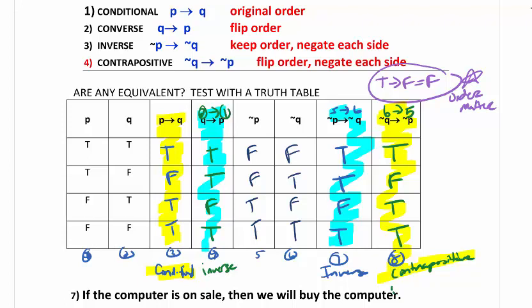I apologize. This is my converse, matches my inverse. So equivalent forms, they will give you the same answer. That's what it means to be equivalent forms. They will give you the same truth values. Easy to remember, converse and inverse go together because of the verse.